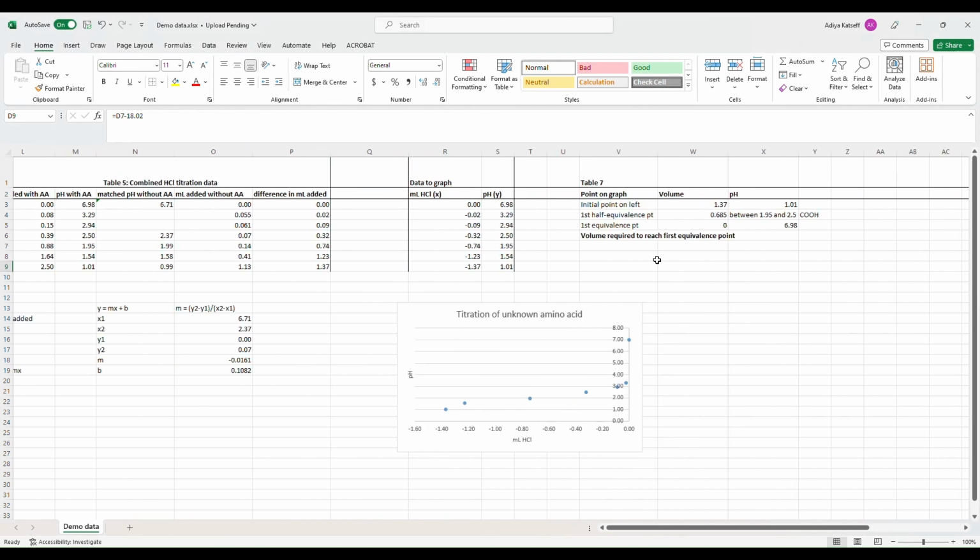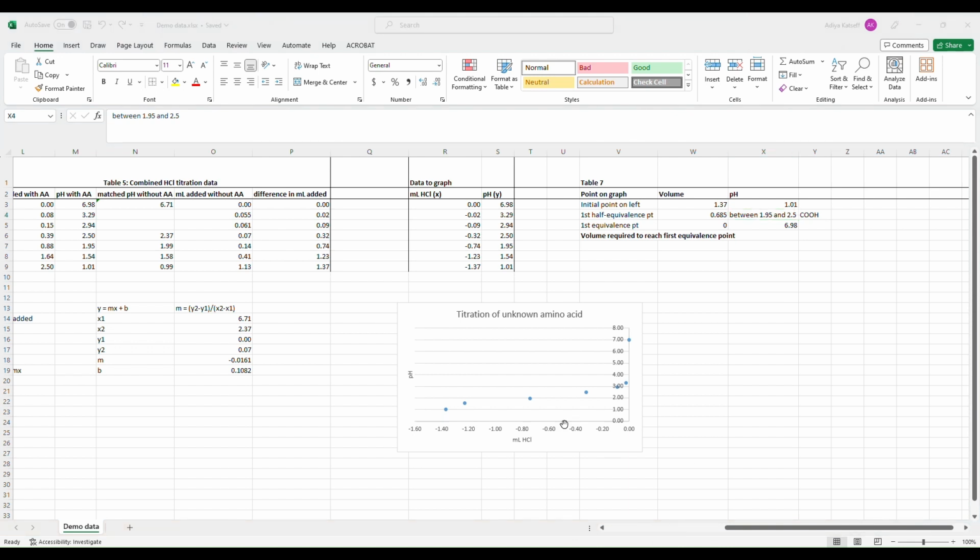Before, we only approximated what that half equivalence point was, right? What that pKa is. And 2.13 and 2.17 both fall in this range that we calculated. So one thing you could do at this point is calculate the line to try to get a more exact number, but to be honest, it'll be very, very difficult for you, just based on the data you gathered in this experiment, to get data to the 100th point, to get the difference between 2.13 and 2.17.